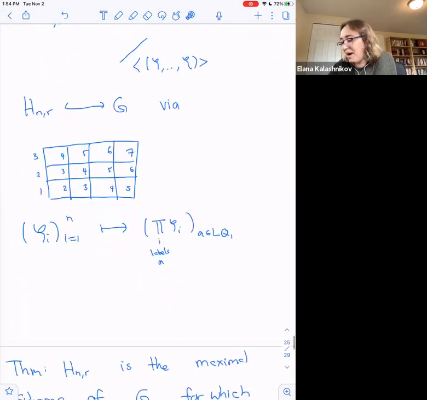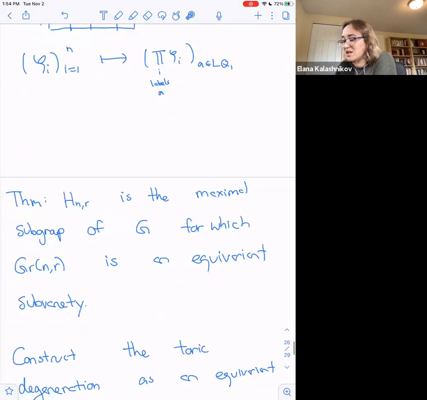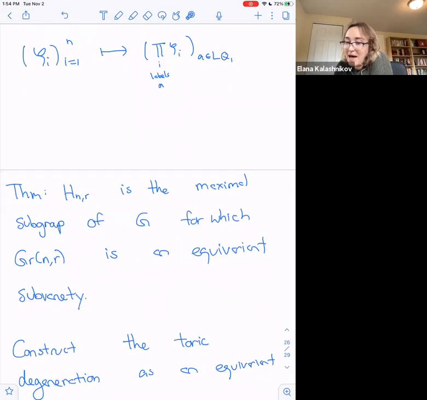And then a somewhat surprising theorem is that H_NR is exactly the maximal subgroup of G for which Gr_NR is an equivariant subvariety. So we start with X_PNR, we have a group G on it. This is coming heavily from toric geometry.